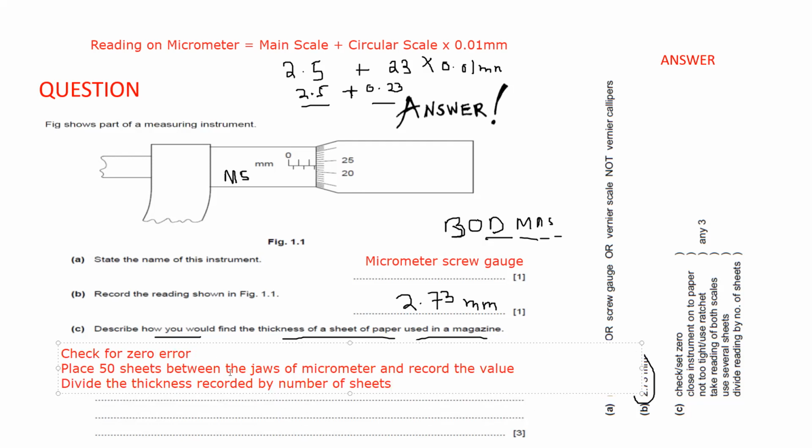Then we will repeat the experiment with different positions on the sheet. Then avoid parallax error.